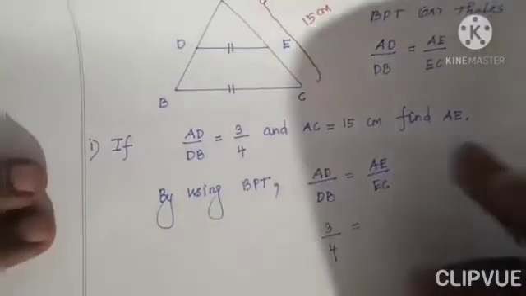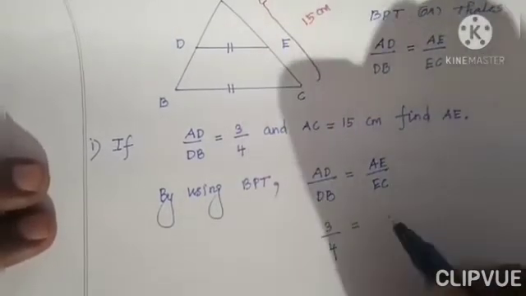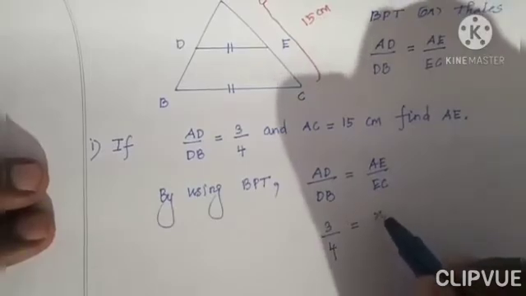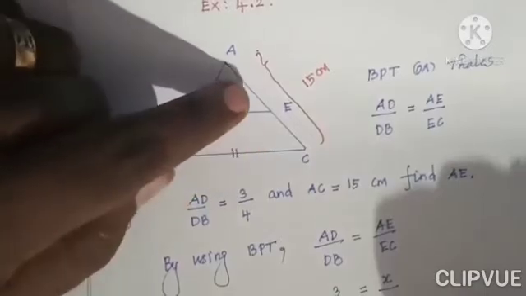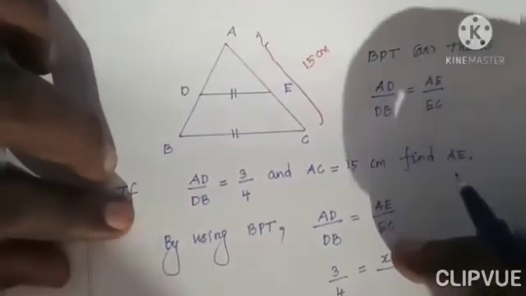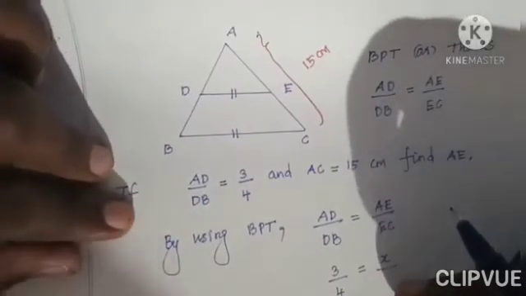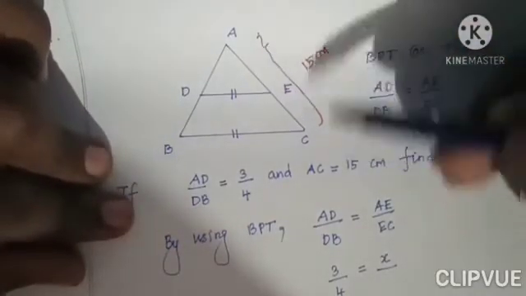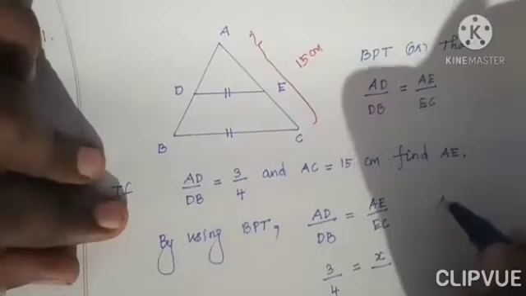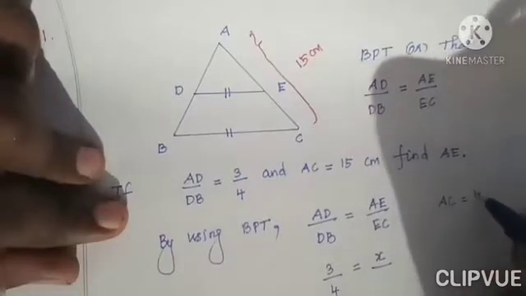This AD by DB is given, that is 3 by 4, and AE we do not know. So AE is equal to X. And what about EC? The total length AC equals 15.